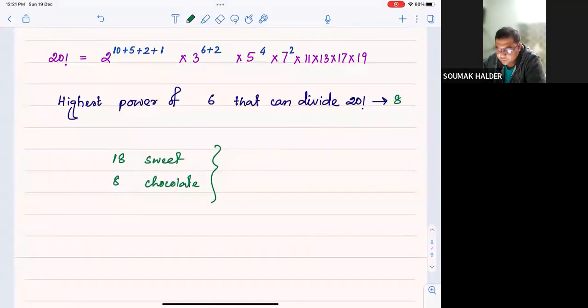You want to feed a certain number of children, and each child must be given 1 sweet and 1 chocolate.